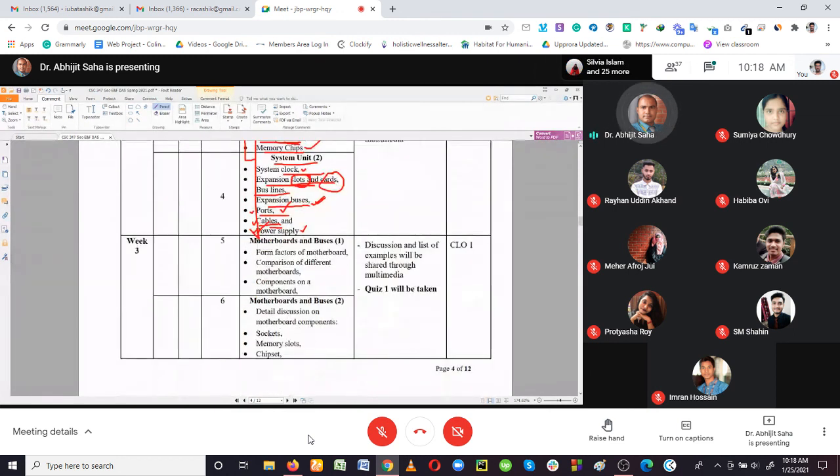Then we are going to start with the motherboard and buses. Basically, it is going to be discussed in your lab as well as in your theory class. We are going to study this topic intelligently so that we can finish it quickly, because this is one of the most important topics we have to understand in the hardware course.